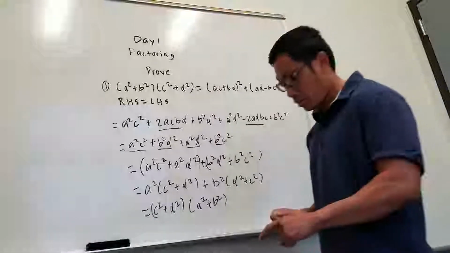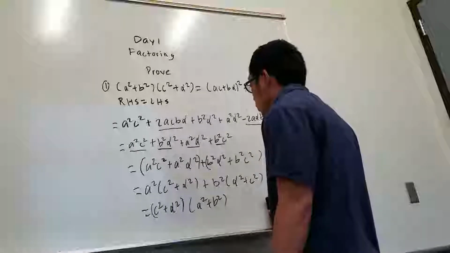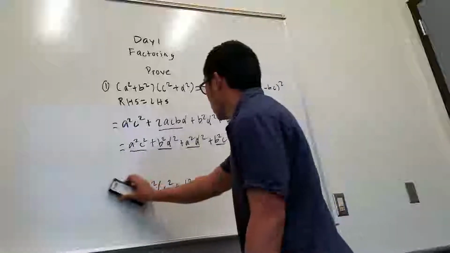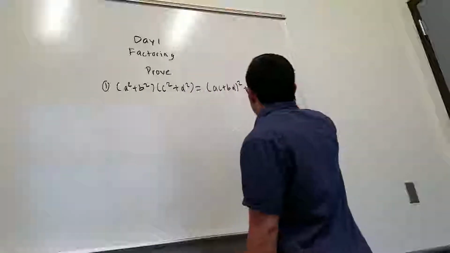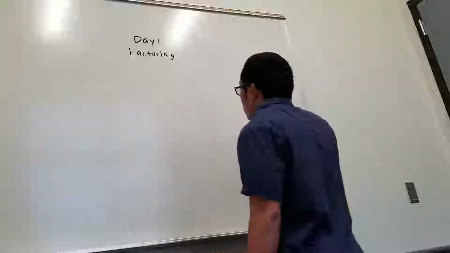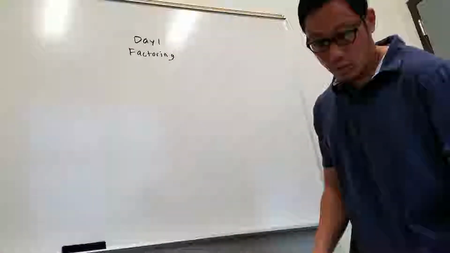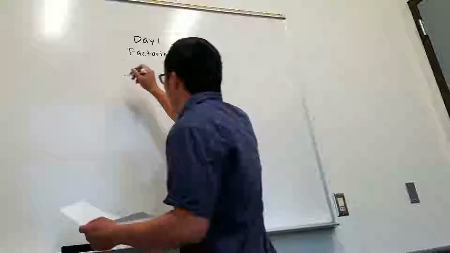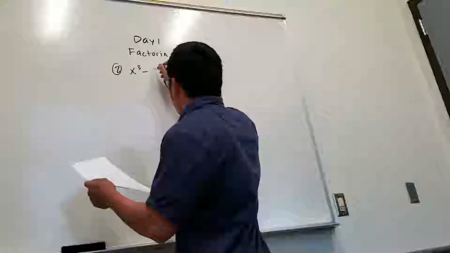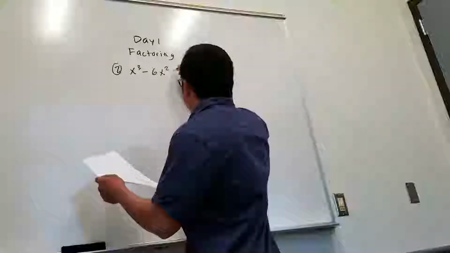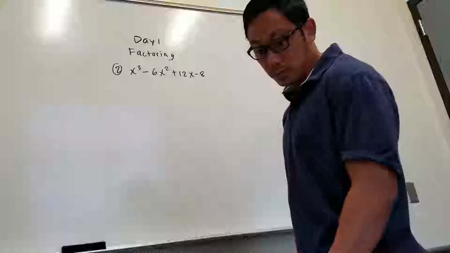Okay. Let's do some factoring. So we have 2x cubed minus 6x squared plus 12x minus 8.